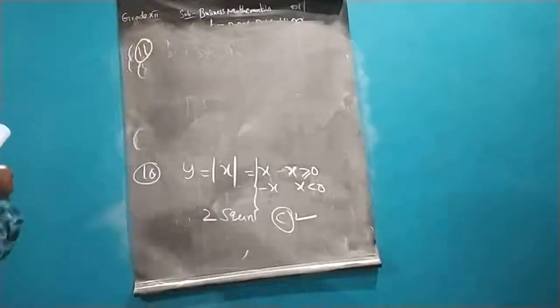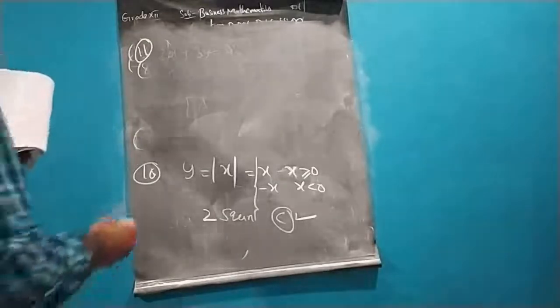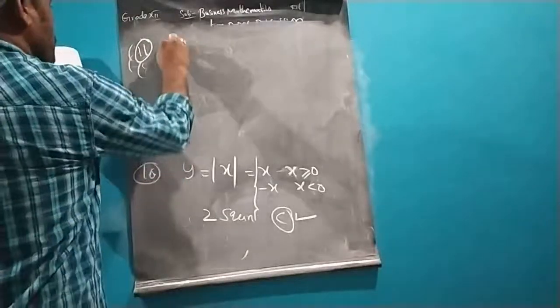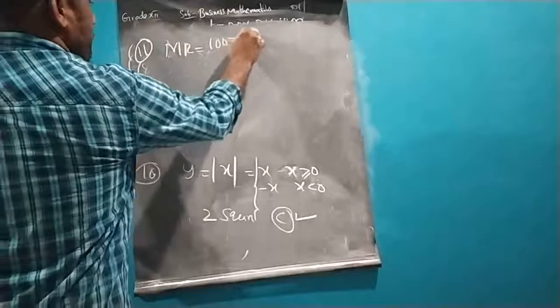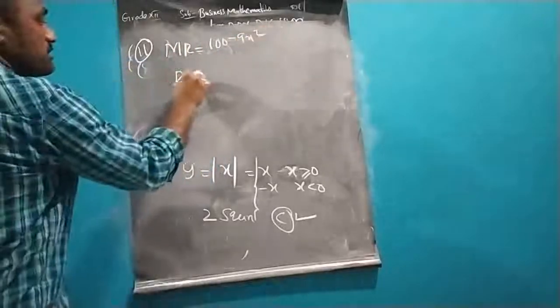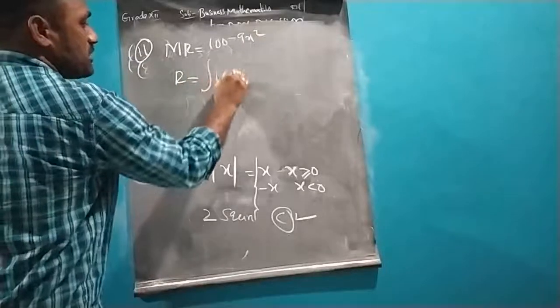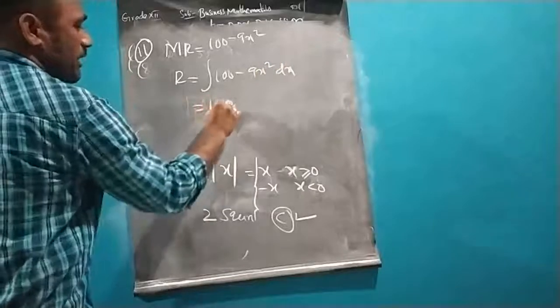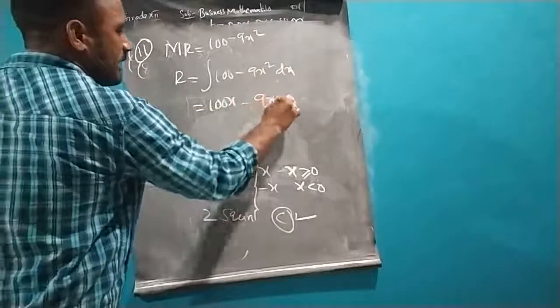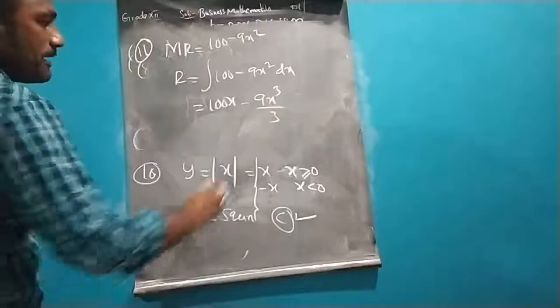So in the 11th question, the demand function is asked, with marginal revenue given as 100 minus 9x square. So the revenue function is the integration of this, that is the integral of 100 minus 9x square dx. So it will be 100x minus 9x cube by 3 plus k.